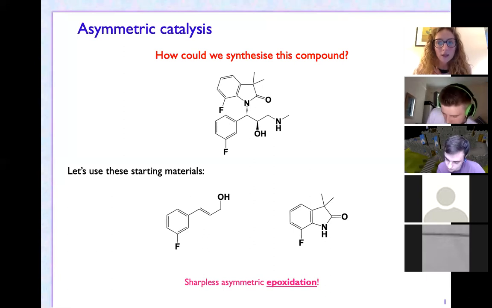So for this reaction, we need to have our double bond, a CH2 group, and an OH. The double bond can be substituted, no problem, but the substrate has to be an allylic alcohol for the reaction to work.